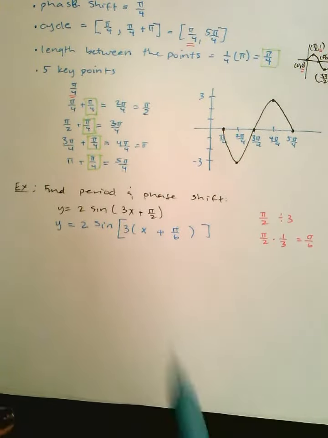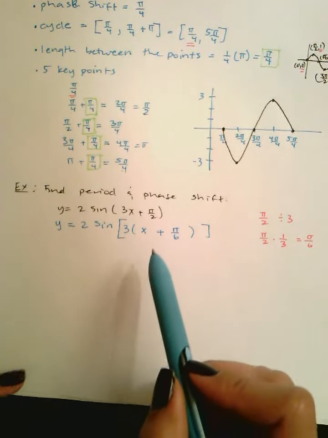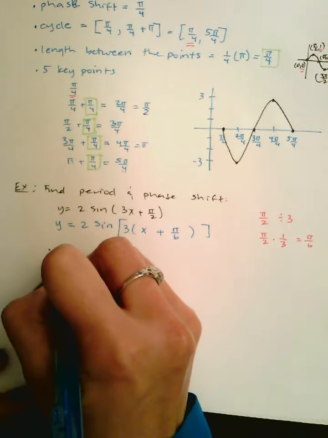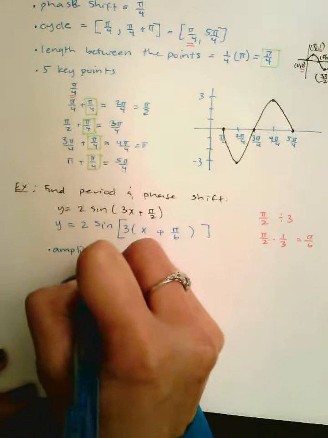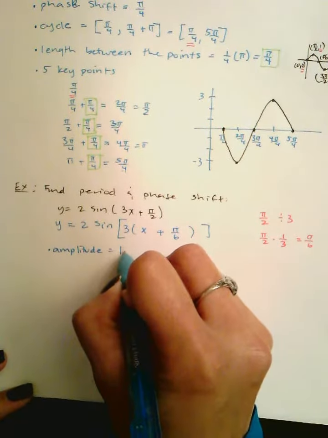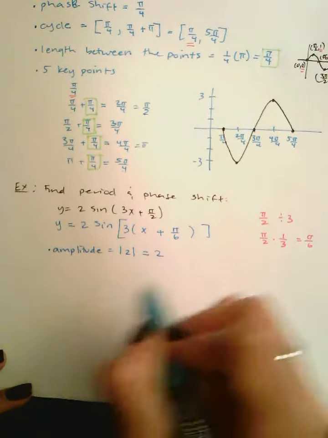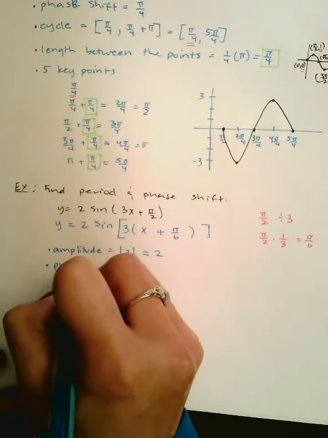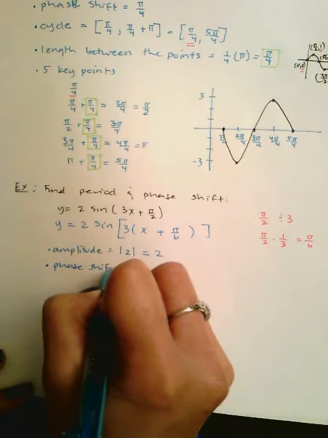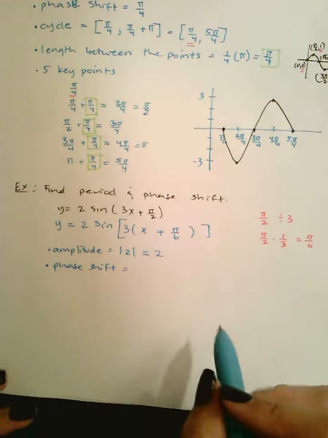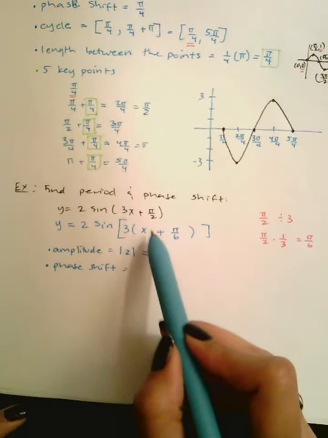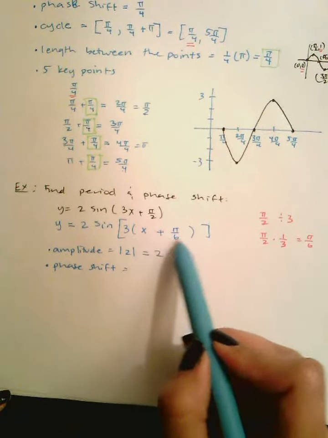Now that I have the function in the form that I want it in, I can find the amplitude, which is equal to the absolute value of a. A is equal to 2 in this case, so the absolute value of 2 is equal to 2. And then the phase shift is just the number that's after the x, and you take the opposite of that.